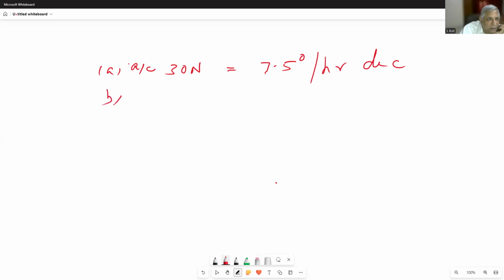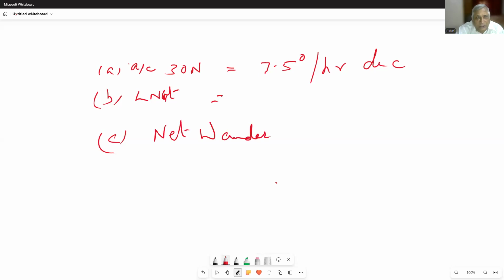B is latitude nut setting. C is net wonder. That is the resultant of these two readings.